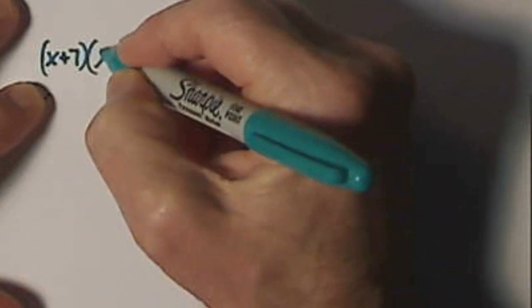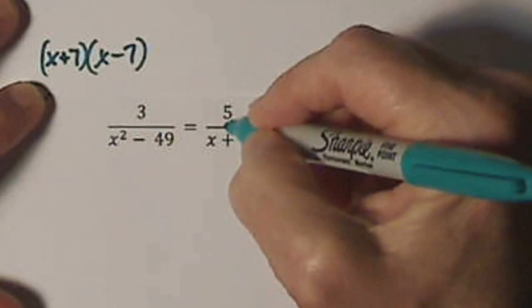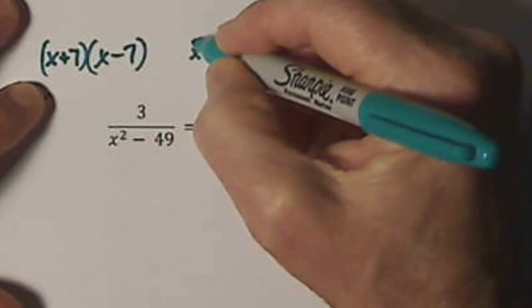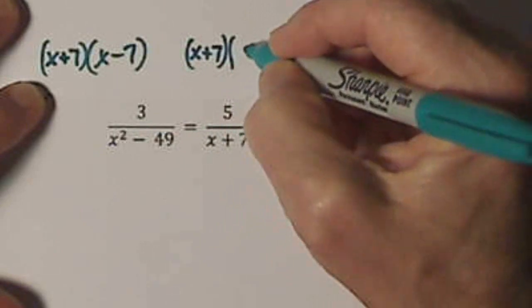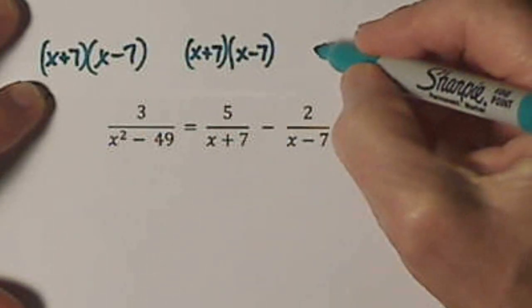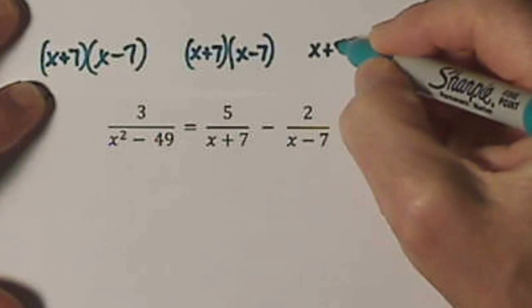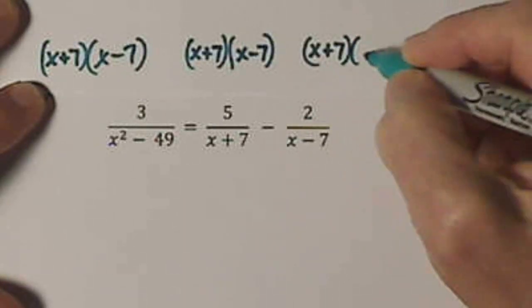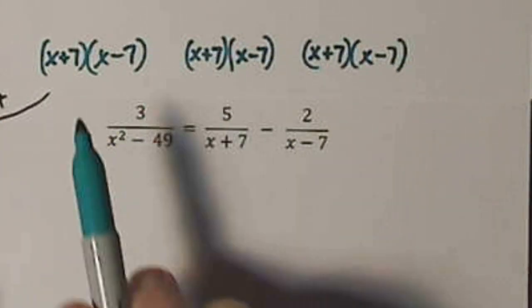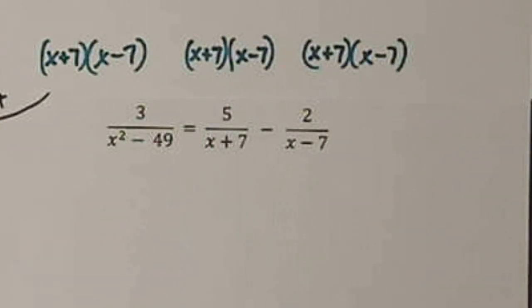So this is x plus 7, x minus 7. Then over this term, I have to put x plus 7, x minus 7. And then over this term, I have to put x plus 7, x minus 7. Okay. Notice I just put the exact same thing over each term. And now we cancel whatever we can.